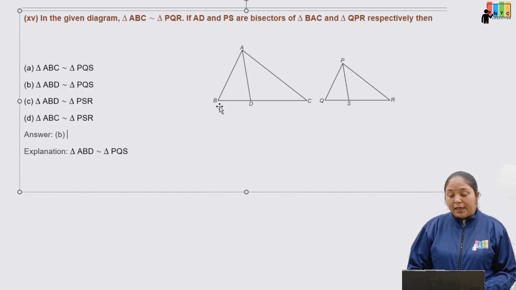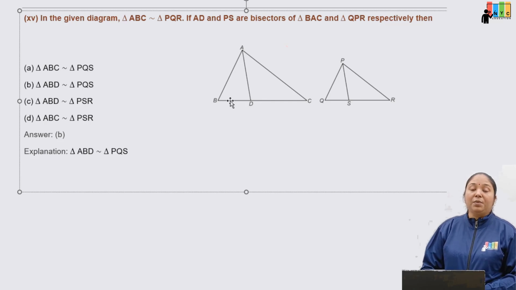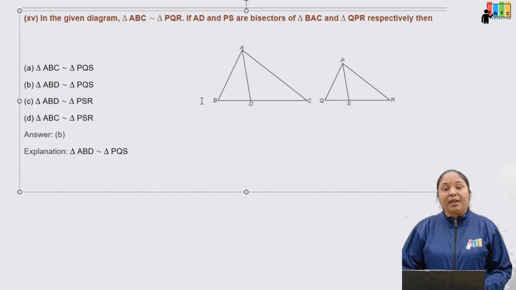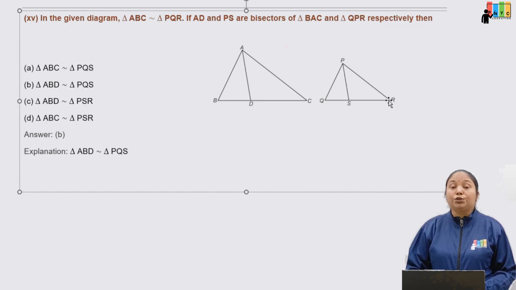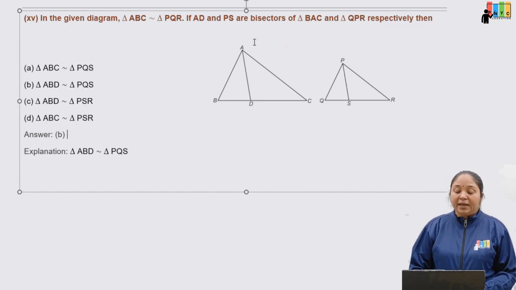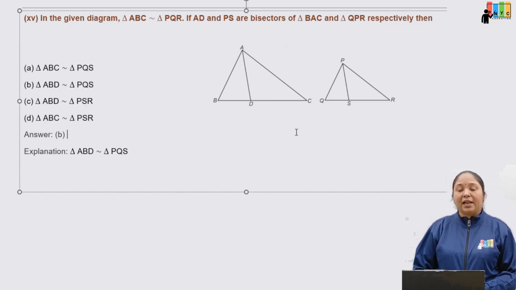That means AB upon PQ should be equal to AC upon PR. So these are the two conditions for similarity. First, they should be equiangular, that means angle A, angle B, angle C should equal angle P, angle Q, angle R. And the ratio AB to PQ or AC to PR must be equal. That is called the scale factor.